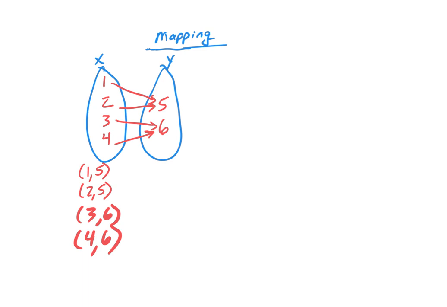As I write out the ordered pairs, is that something you have to do? Not necessarily, but what you're looking at here is all of the x values only have one arrow leaving from them. 1 goes to 5, 1 doesn't go to anything else. Same thing for 2, 3, and 4. So the y values repeat, but the x values don't. So we would say, yes, this is a function.